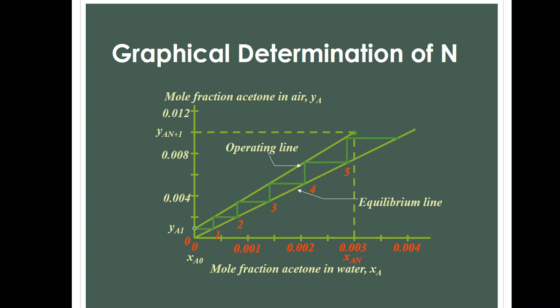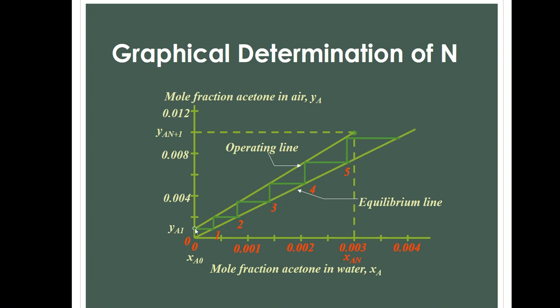The graphical determination of the number of stages for a gas absorption process or a stripping process requires the operating line. You need to plot the operating line. You need the two concentrations, the concentrated end concentration and the dilute end concentration, and you need the equilibrium line or curve.